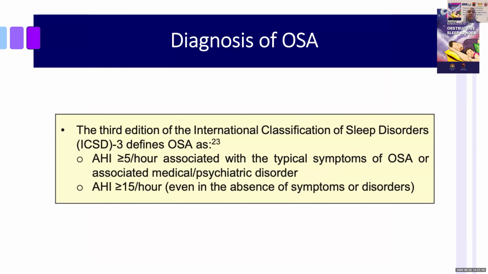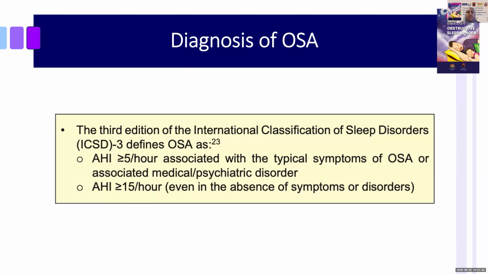So the third edition of the International Classification of Sleep Disorders, ICSD-3, defines OSA as AHI of 5 or more per hour associated with the typical symptoms of OSA or associated medical or psychiatric disorder, or AHI of 15 or more per hour even in the absence of symptoms or disorders.